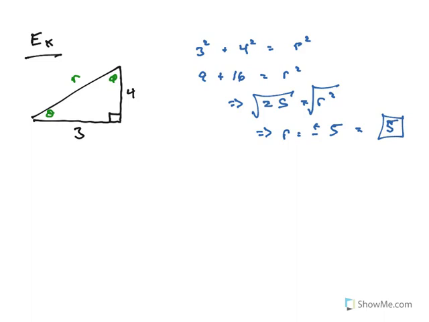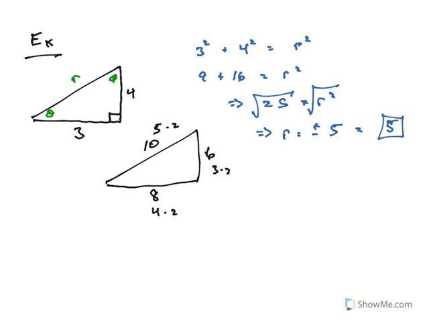And what's nice is not only is that true, but also if I had another triangle where one side was 6 and the other side was 8, I could use the same relationship. Notice 6 is 3 times 2. 8 is 4 times 2. Well, here's a 3 side, here's a 4 side, so this one must be 5 times 2, which is 10.